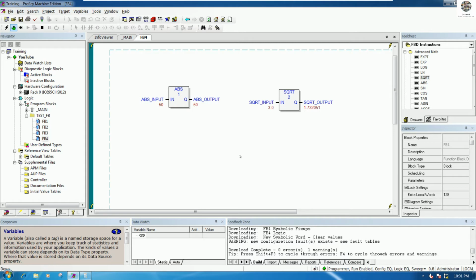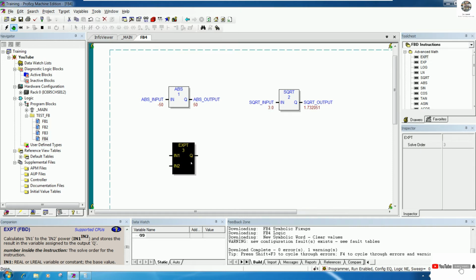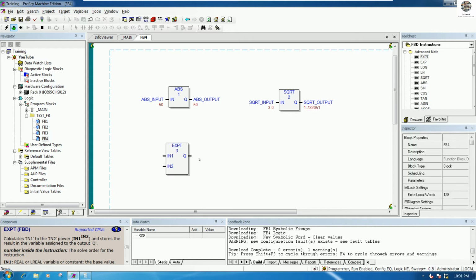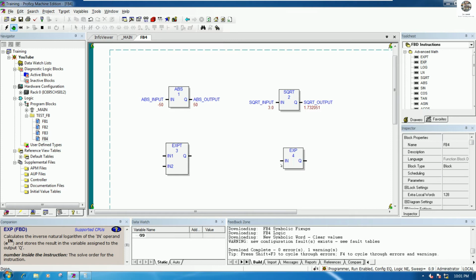Okay, so let's start. First, EXPT. Yes, this one has two inputs and one output, and one more, EXP, has only one input and only one output.